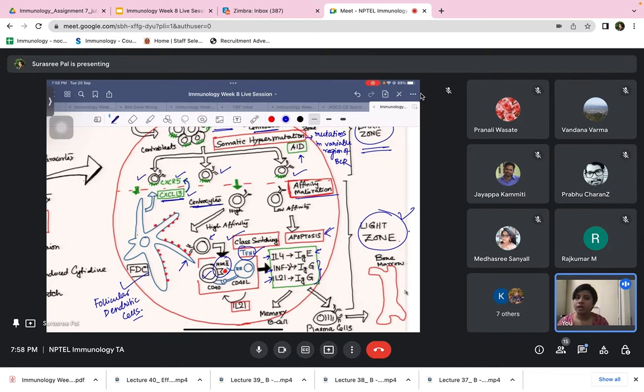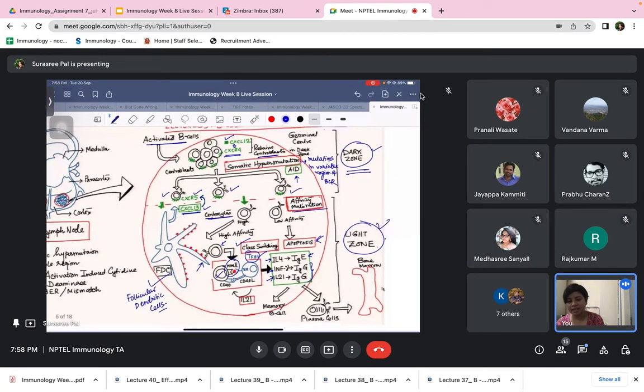Because of which it will express several classes of immunoglobulin molecules, and these B cells will be differentiated into several classes, right? So this is how the activation process and the differentiation process takes place in the germinal center of the lymph nodes. Now once these B cells are totally differentiated, they will become either plasma cells or memory B cells.